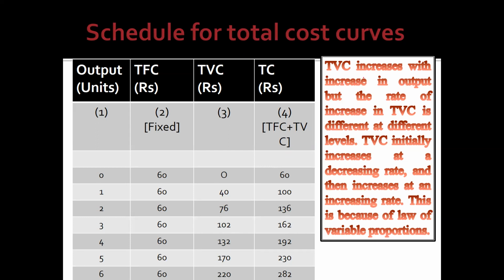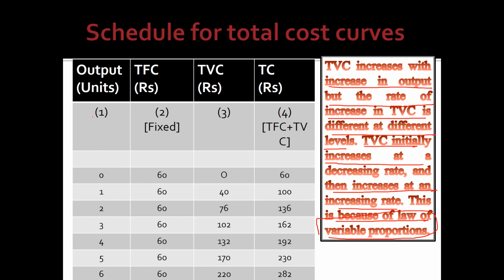So TVC increases with increase in output, but the rate of increase in TVC is different at different levels. TVC initially increases at a decreasing rate and then increases at an increasing rate. This is because of the law of variable proportion. It's very, very important. I will explain it with the help of this table.